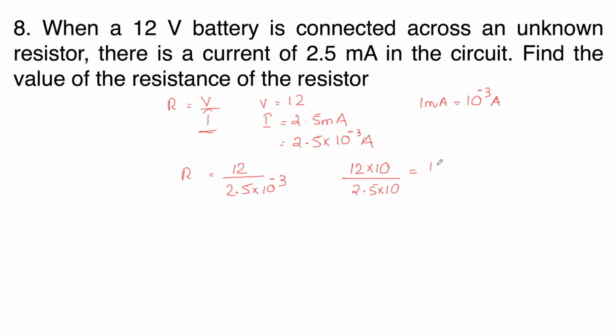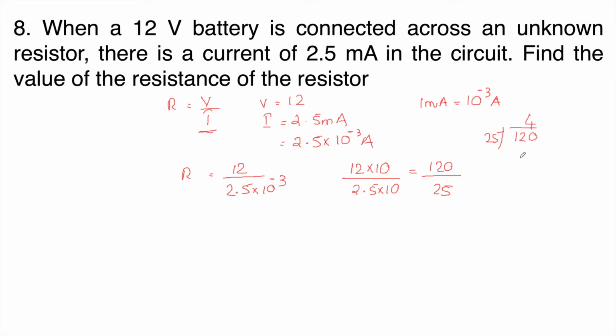So it will be 120 by 2.5 into 10, that is 25. This step we are doing to remove the decimal point here. However many decimal points are here, that many zeros we should add. 1 decimal point means into 10, 2 decimal points, into 100 we should do. So 120 by 25 is easier to divide.